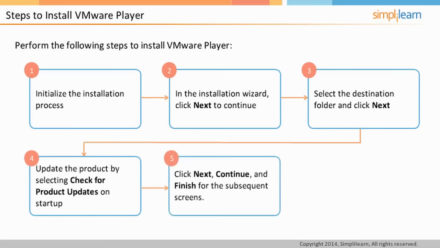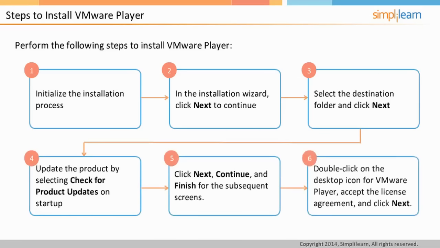Click Next, Continue, and Finish for the subsequent screens. Double-click on the desktop icon for VMware Player. Accept the license agreement and click Next. In the subsequent screens, we will see how to perform the steps for the installation of VMware Player.